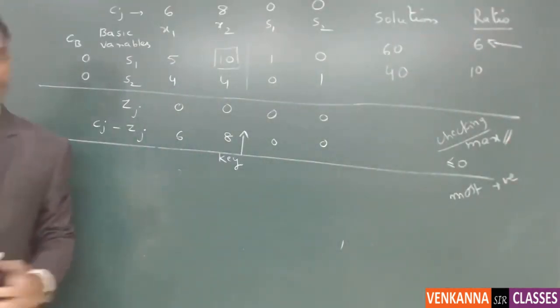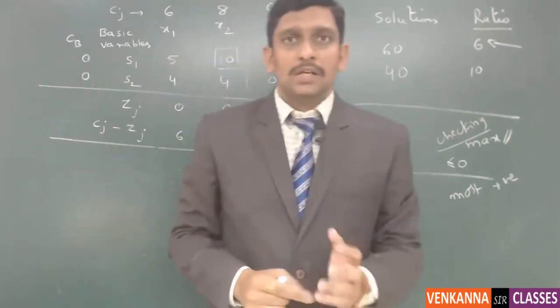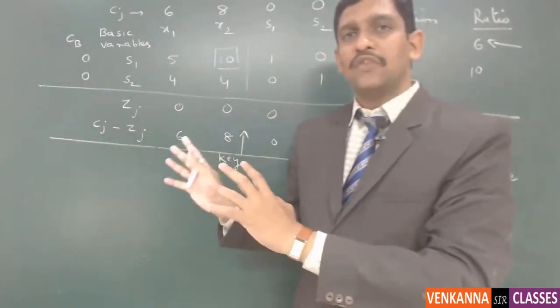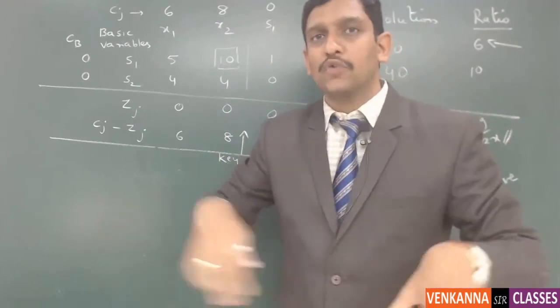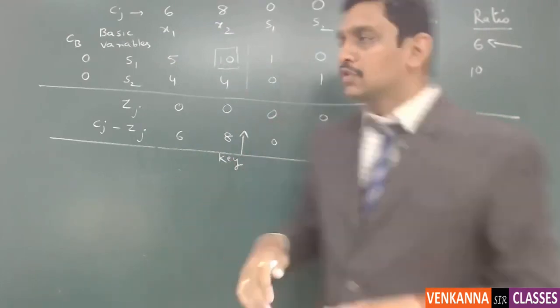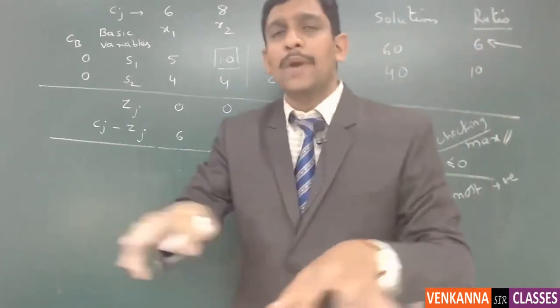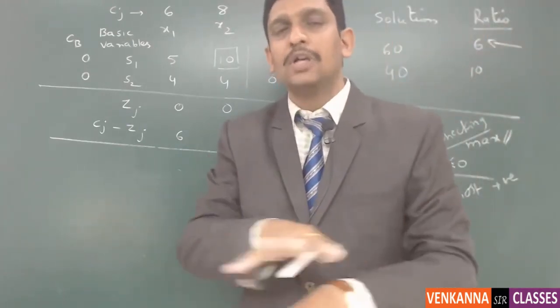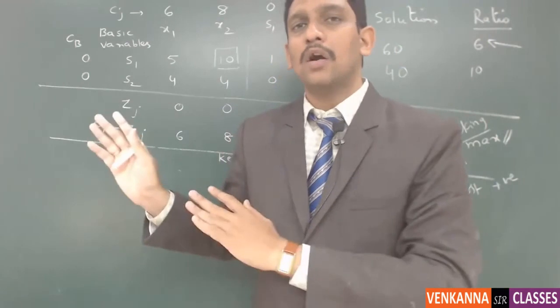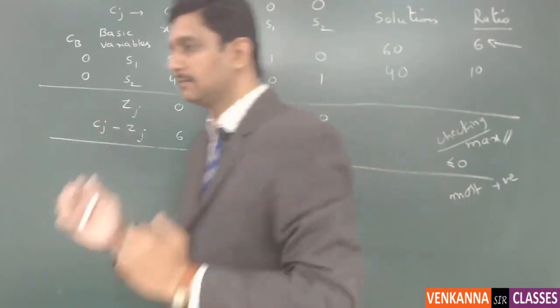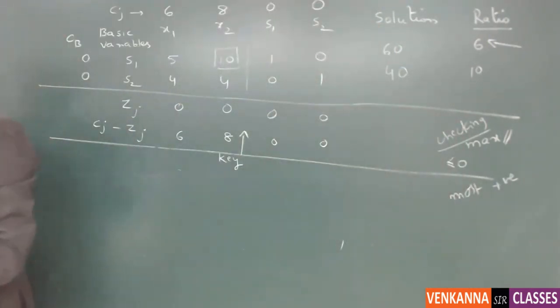Why is the ratio minimum? Suppose my objective function is like distribution of goods. The minimum number indicates that this much minimum number of goods I can distribute so that none of the constraints are violated. In a practical situation, you can think like that. Accepted.